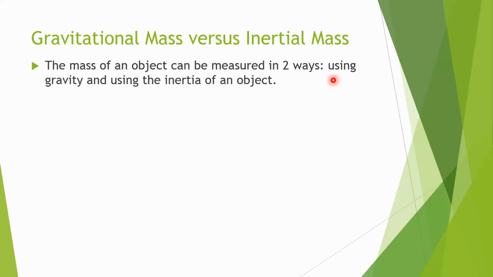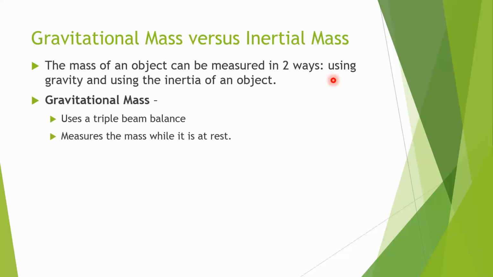We can use gravity by putting it on a triple beam balance, or we can use the inertia of the object, or how the object moves, to determine its mass. Gravitational mass, what we've talked about up until now, uses a triple beam balance. It measures the mass while the object is at rest, so we can't have the object move to get gravitational mass, and gravity has to be present.